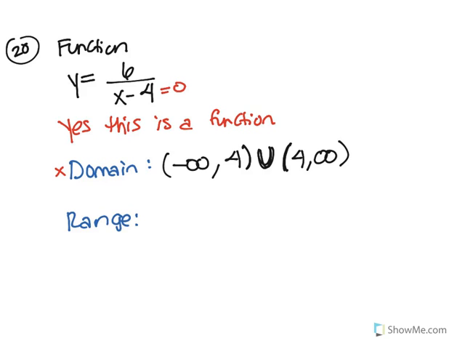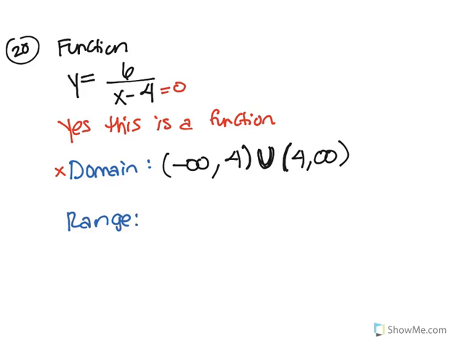Now the range, sometimes it's harder for students to see what you would get out of this, your outcome. But if I let my X be negative numbers, I'm going to have a whole negative fraction. So that means I could possibly get any negative number. I can also get any positive number. But your top is never going to reduce to 0 because there's no X up there. 6, the lowest you can reduce 6 to is a 1, but 6 is not going to change to a 0.